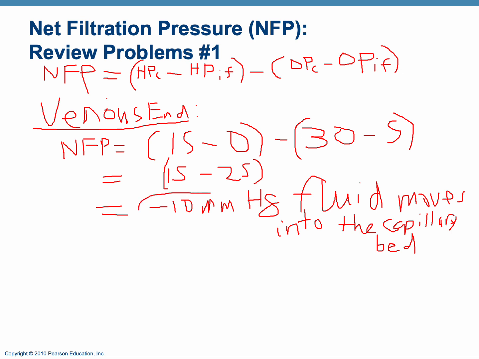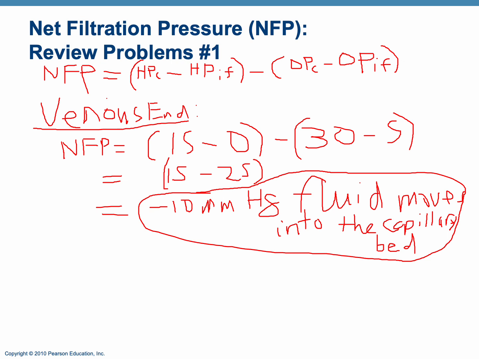So that's your final answer here. If you get a negative value, that's typically a reflection of the fluid being sucked back into the capillary, on the venous end, of course. And the pressure that dominates here, it's a reflection that the osmotic pressure dominates.